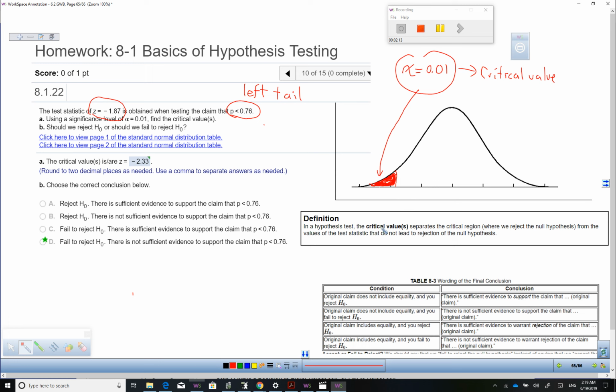Okay, and what you want to find here is that z-score. So this is the z-score we want to find. So we have area and we want the z-score, and that z-score will separate this area of fail to reject the null hypothesis from the rejection zone.